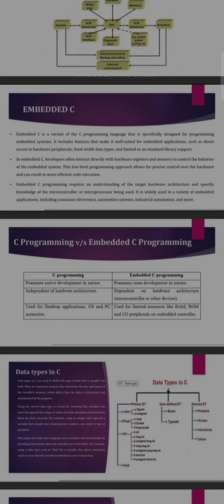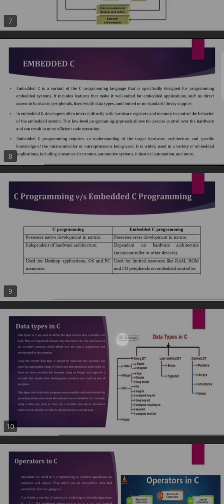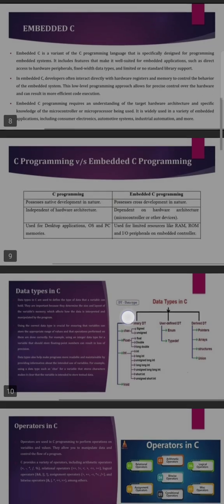This low-level approach allows for precise control over the hardware and can result in more efficient code execution. It requires an understanding of the target hardware architecture and specific knowledge of the microcontroller being used, and is widely used in consumer electronics, automotive systems, industrial automation, and more.